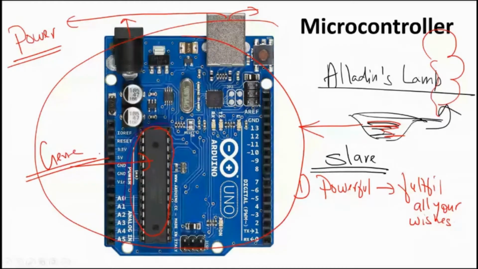You understand? Such a genie is a slave device. What is the first property of a slave? A slave is so powerful that it is capable of fulfilling almost all your wishes. This microcontroller sitting inside this board is so powerful that it will enable you to do the majority, I cannot say all, of your real-time applications.